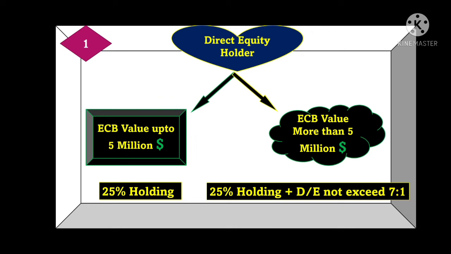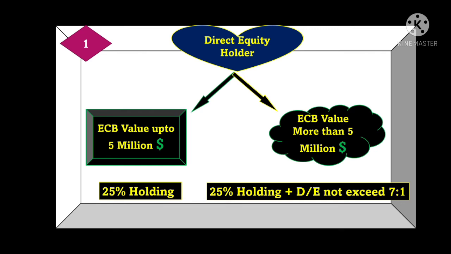Now, if the value of the external commercial borrowing transaction is within $5 million, you need to remember the amount. If the value of the ECB transaction is within $5 million, then the foreign equity holder should maintain a minimum 25% holding in the borrowing company, right?